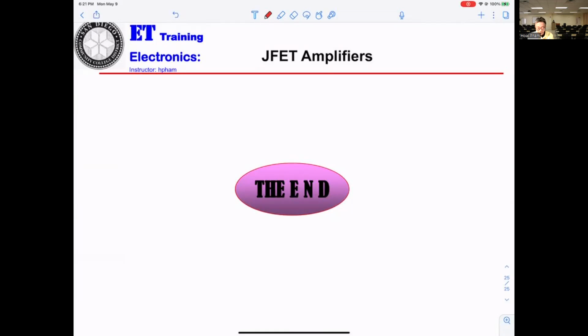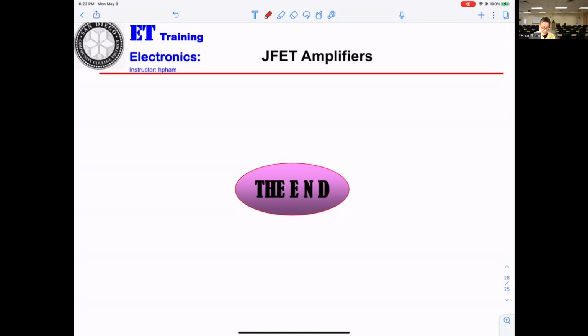Basically you must remember there are 2 different types of transistor: bipolar, NPN, PNP, and JFET. They are commonly the same thing. That means if you want to make an amplifier, with bipolar you get CE amplifier, CC amplifier, CB amplifier.